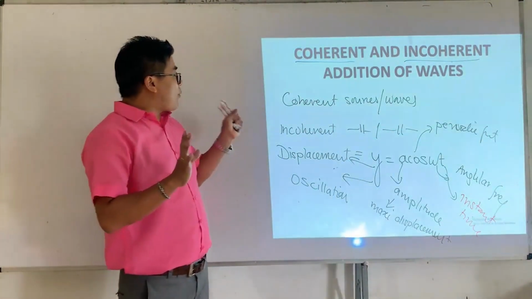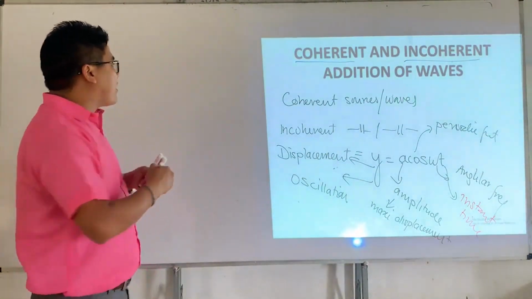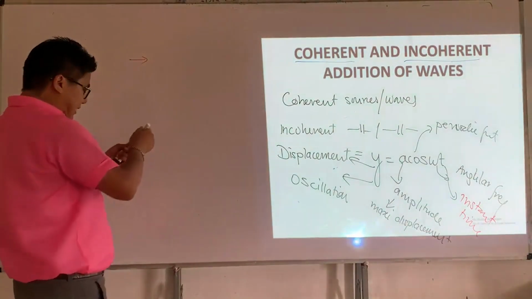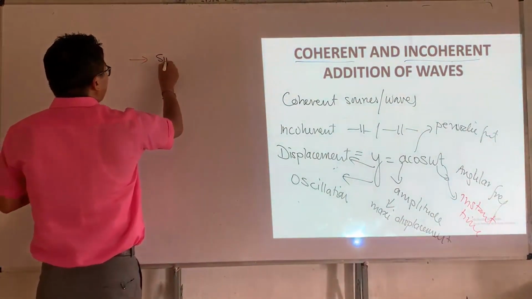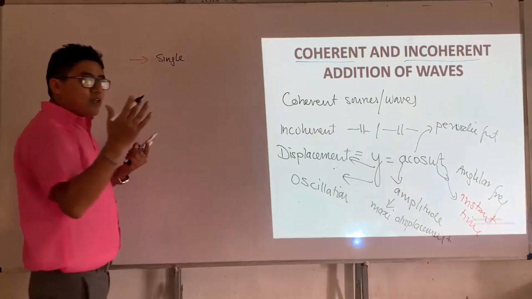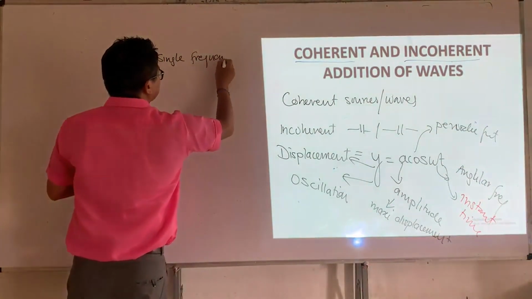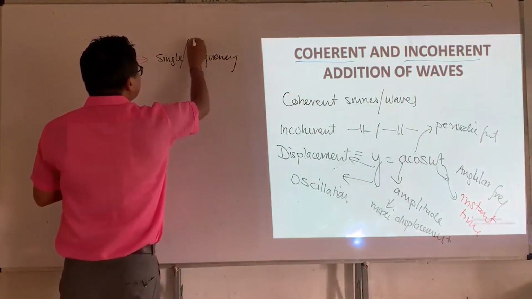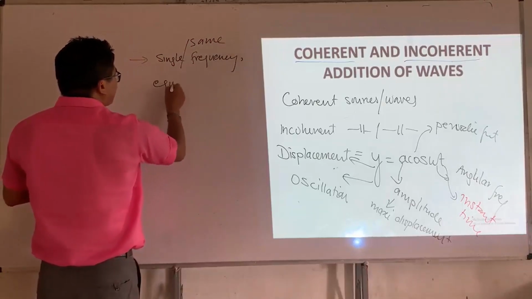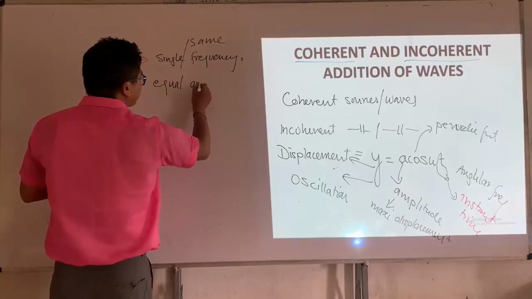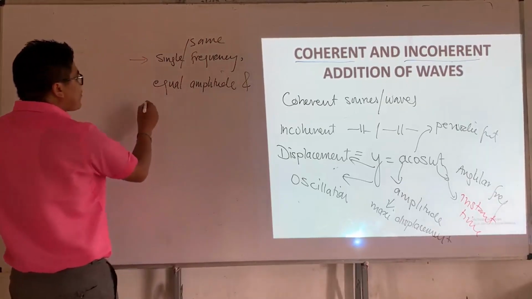Now I would like to define coherent waves. I say that two waves are said to be coherent if they have the same frequency, equal wavelength, equal amplitude, and constant phase.